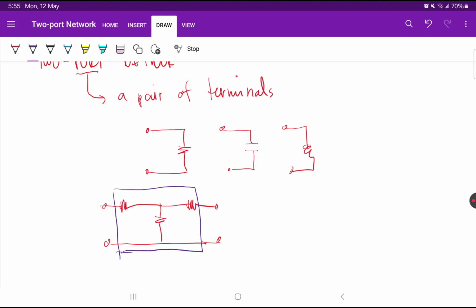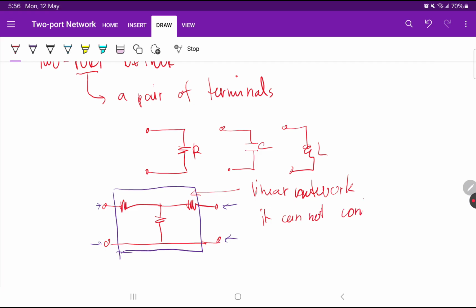And at those terminals, we can apply some excitation. It can be a voltage source, and it can also be a current source. Take note that the inside of a two-port network is actually a linear network, meaning it contains linear components like a resistor, a capacitor, and an inductor.